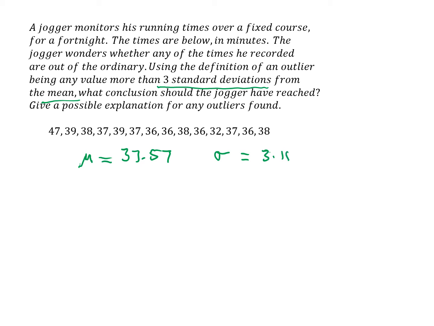So the critical values that we're looking for, if the mean is 37.57, the highest value that would not be considered to be an outlier would be 37.57 plus 3 times 3.11.